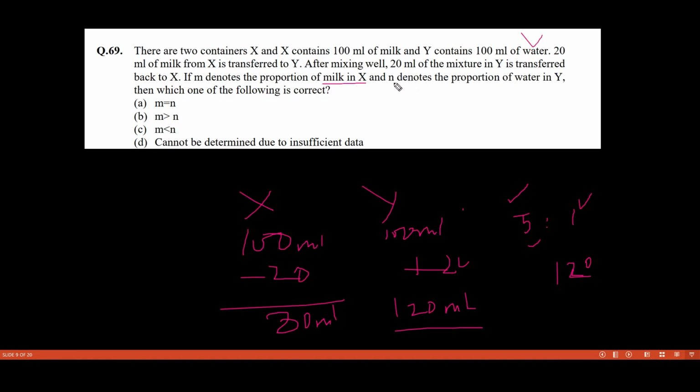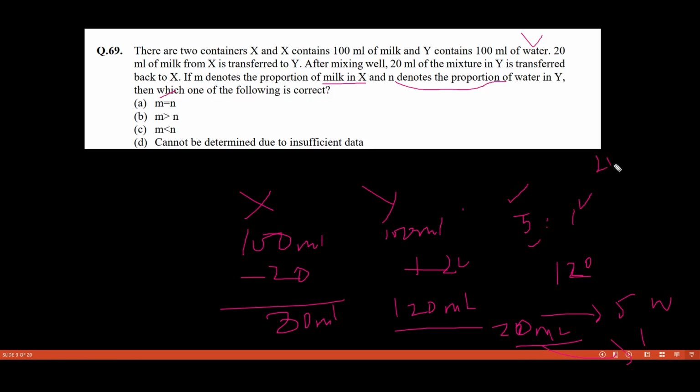So now in the next step, what is happening? After mixing well, 20 milliliter of the mixture in Y is transferred back to X. Now this 20 ml, when it is mixed well, how much milk is it going to contain? There will be 5 parts of water in 20 ml and 1 part of milk.